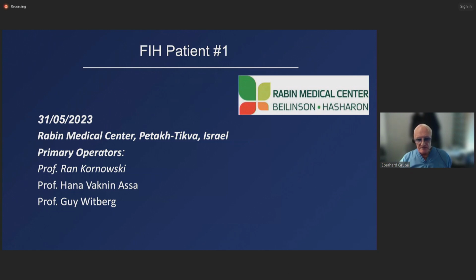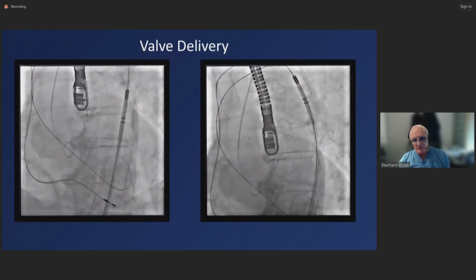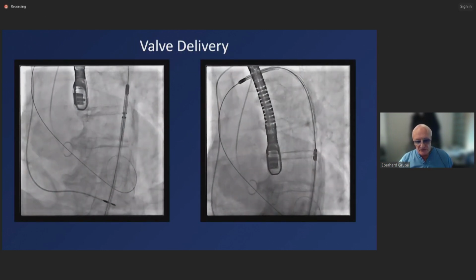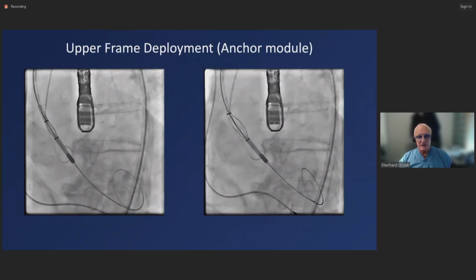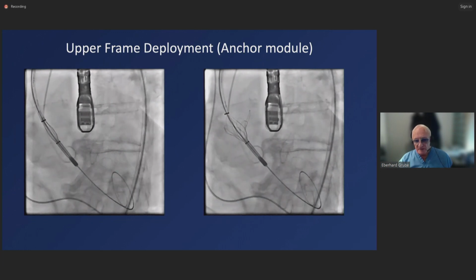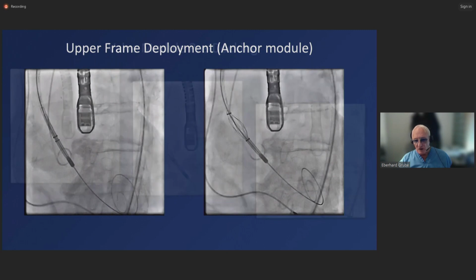First-in-man patients were treated at Rabin Medical Center by Ran Kornowski and his team. Here you can see the very flexible device, 12 French OD, with the catheter in place. You can see the upper frame deployment on the right side as it opens. That is the anchoring module.